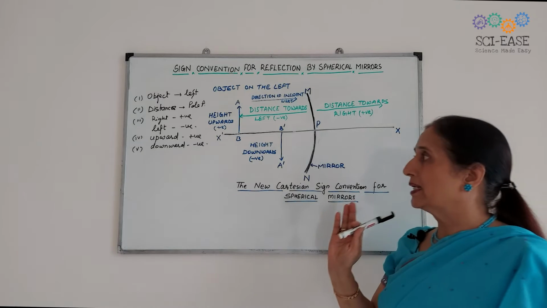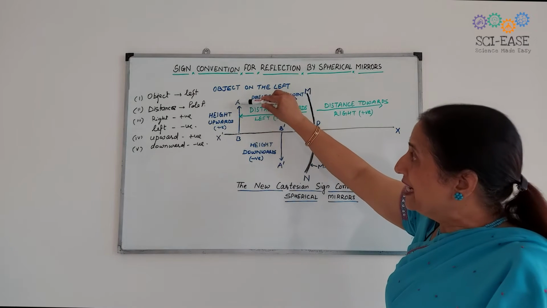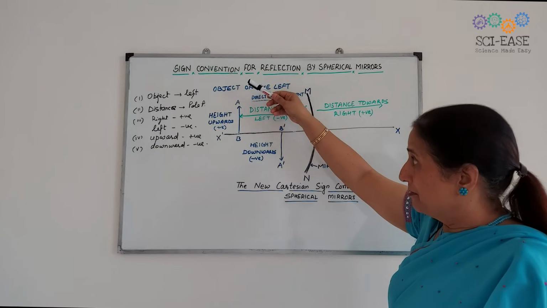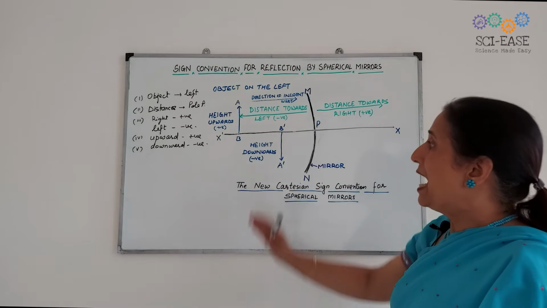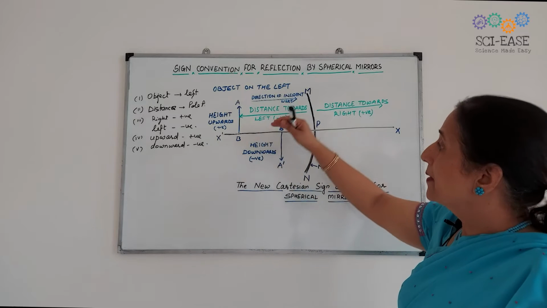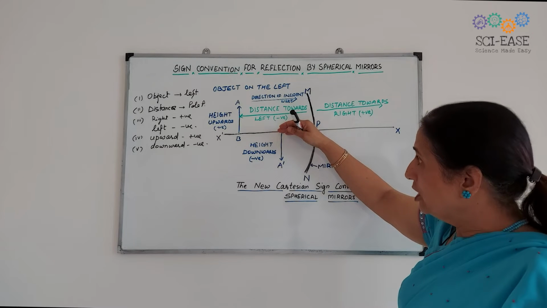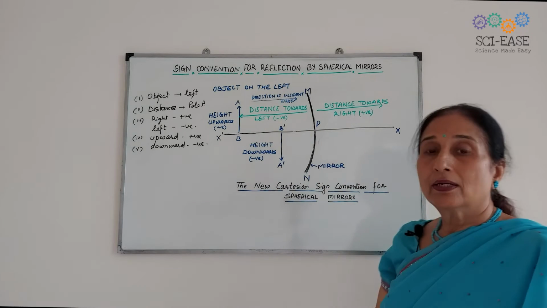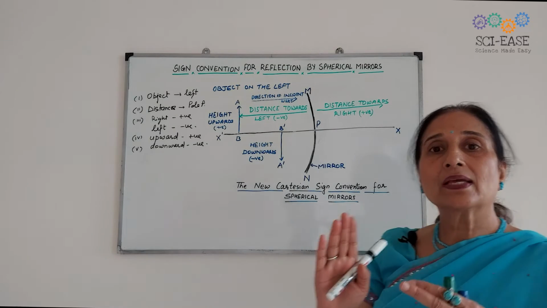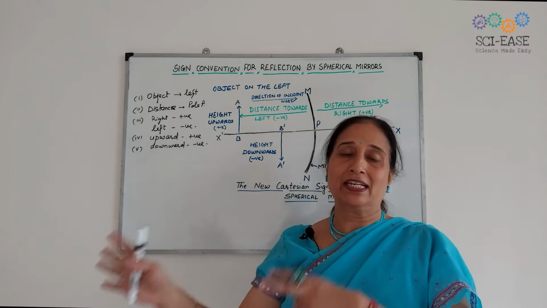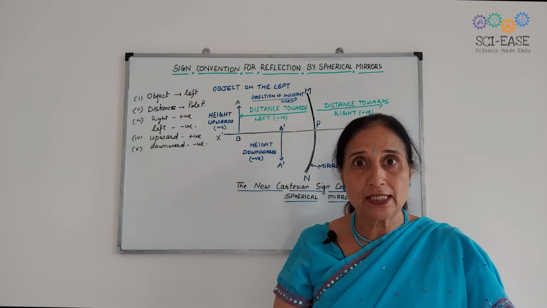And fourth, the distance perpendicular and above the principal axis is positive, and the distance perpendicular and downwards is measured as negative. So these are the five sign conventions.